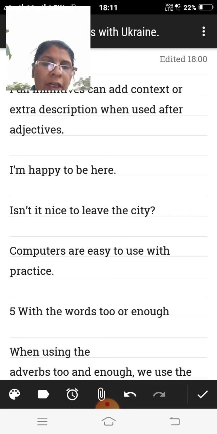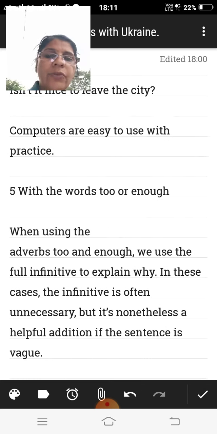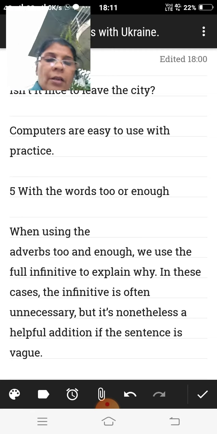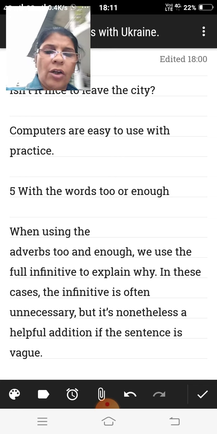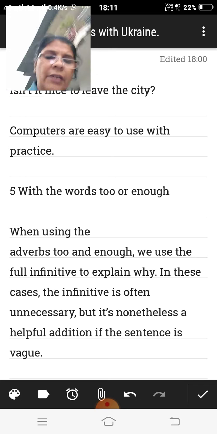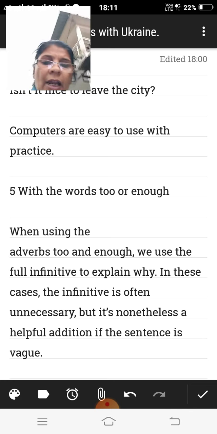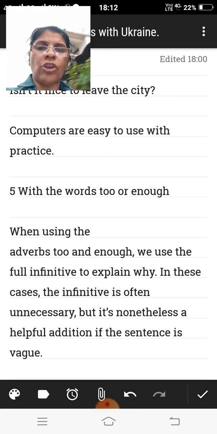With the words too or enough: when using the adverbs too and enough, we use the full infinitive to explain why. In these cases the infinitive is often unnecessary, but it's nonetheless a helpful addition if the sentence is vague.